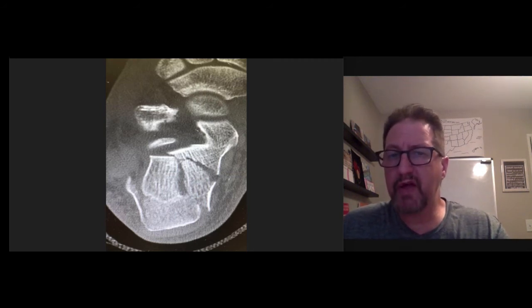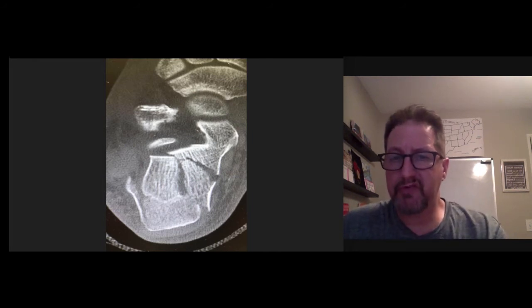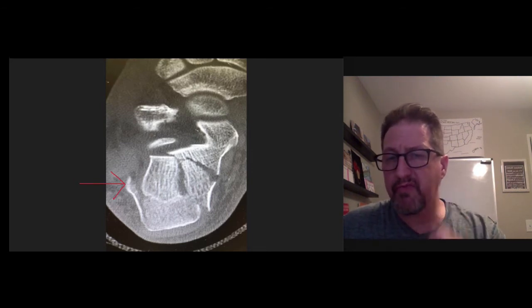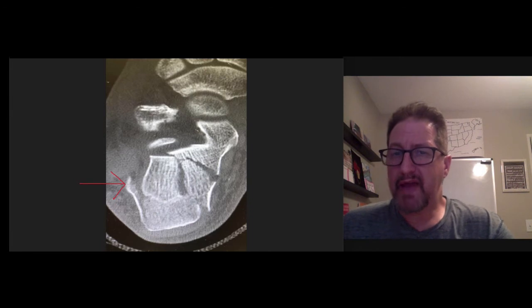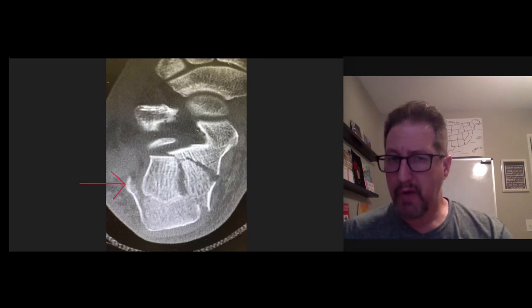The fracture line goes through the middle of the posterior facet of the subtalar joint, so that's a B. So Sanders 2B. Now this piece right here, just in case to prevent you from getting confused, that is the lateral wall. And it's common that joint depression fractures have lateral wall blowouts.